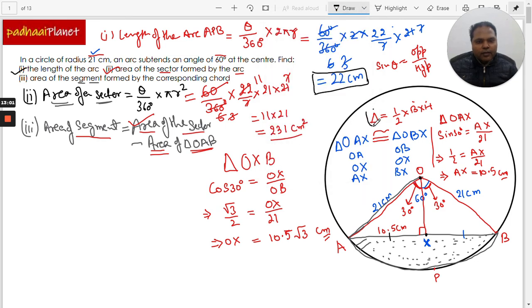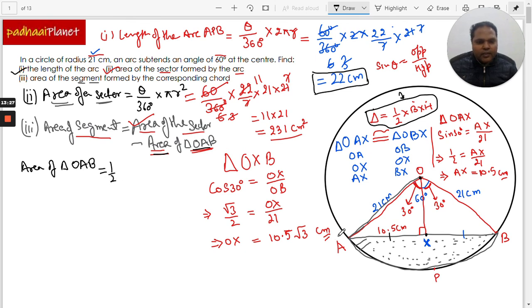Now it is very simple, because we have got the value of the base of the triangle and also the height, and we will put both of these values into the formula to find the area of triangle OAB. The area of triangle OAB is equal to half into base.